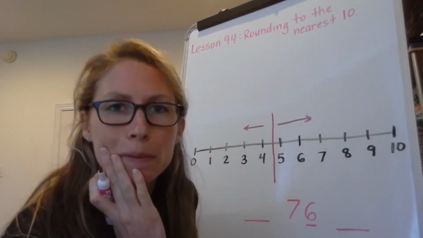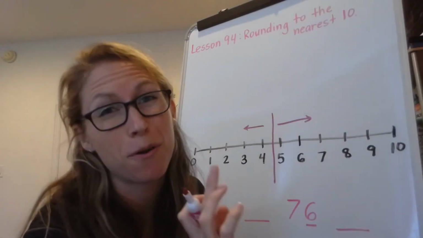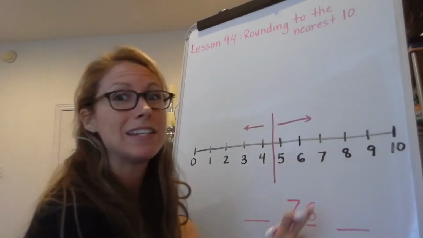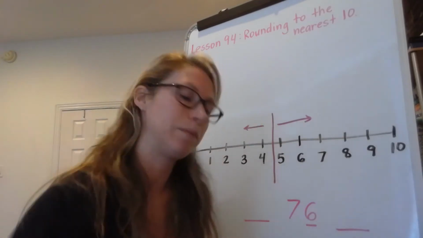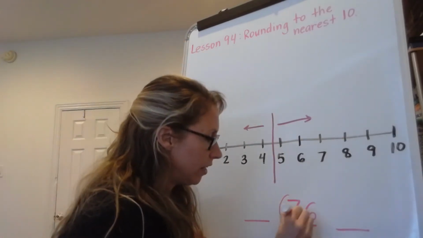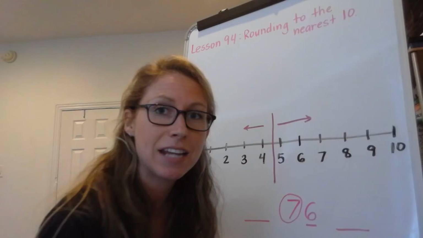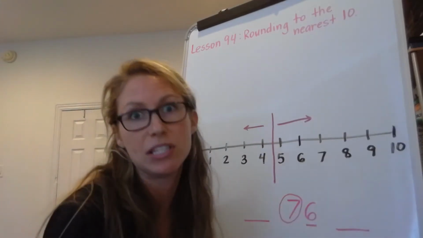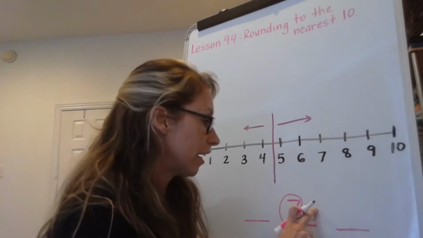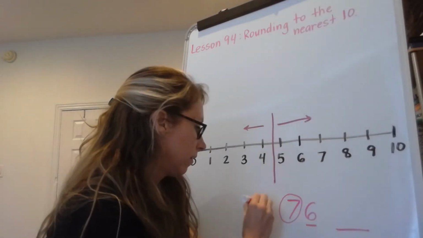Now, the next problem is, how do we know what the 10 before it and the 10 after it are? Well, that's easy. All you have to do is look at the tens column. So if 76, 7 is in the tens column, then that means the number will be this number with a 0 after it. So 76, 70.